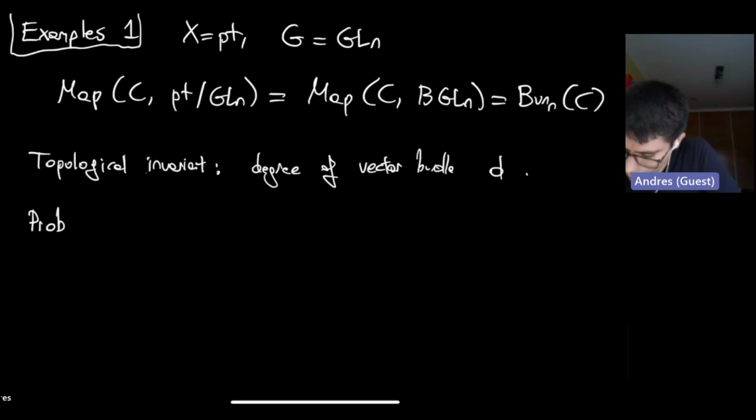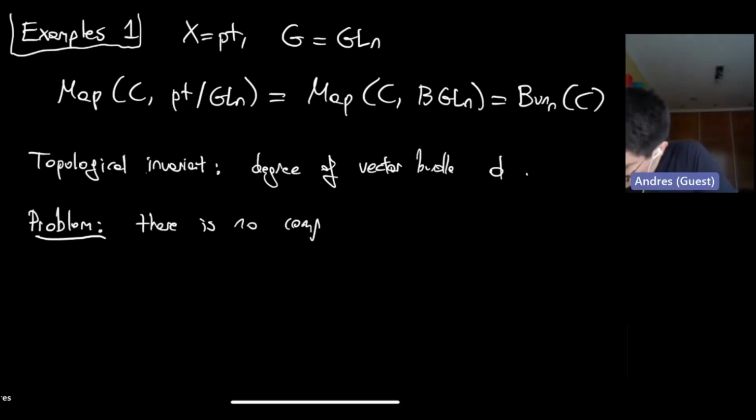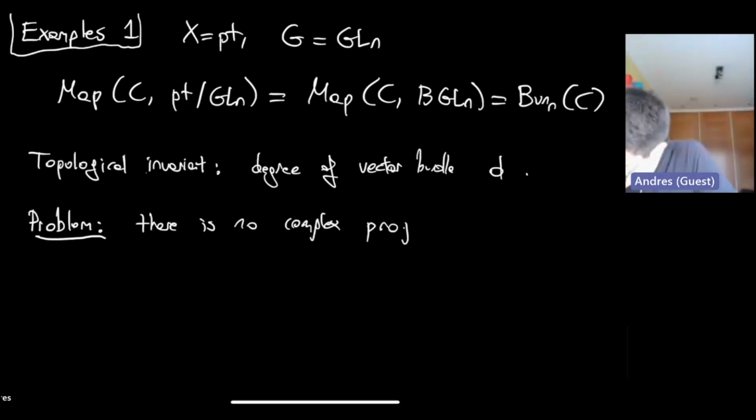So the main problem that we encounter is there is no complex projective variety that classifies, in a suitable sense, or in a reasonable sense, all vector bundles.